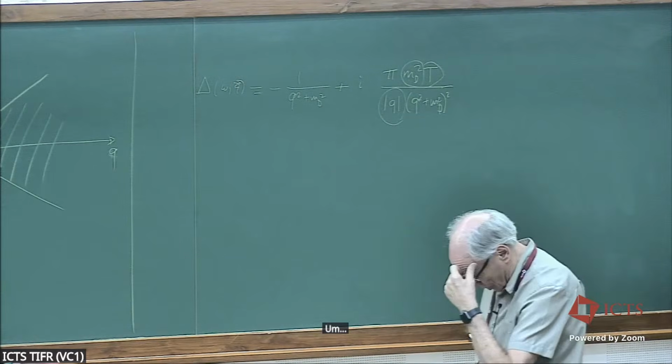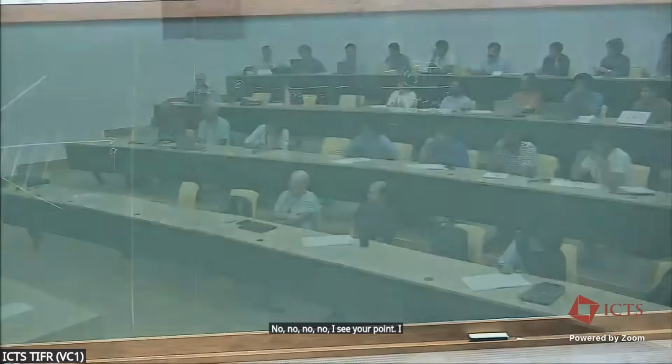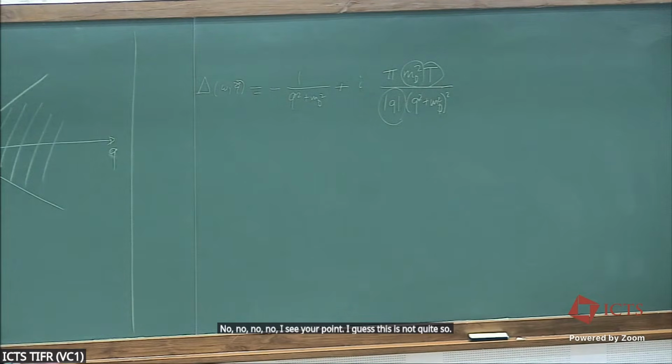I would have expected... No. I see your point. I guess at omega equal to 0, the Z factor that you are looking for is unity. Look, I don't remember the details, but there is a Z factor, because this obeys some rules which have to be preserved.